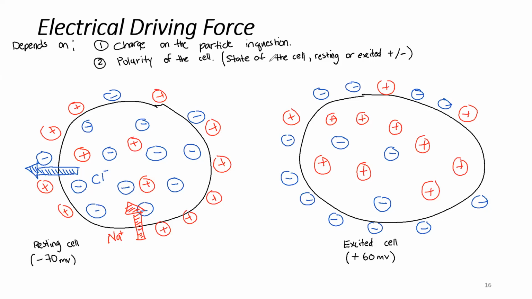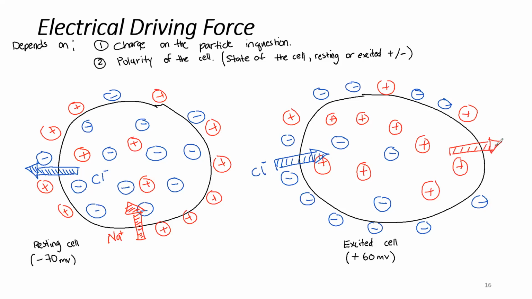I'm seeing some chat responses here: into the cell. That's absolutely correct. Because chloride is a negatively charged ion or an anion, it's going to want to move into the cell where we have the abundance of positive charge. And then, as you would also probably imagine, sodium being a positively charged ion or a cation is going to want to move in the opposite direction, where we have the abundance of negative charge outside the cell.